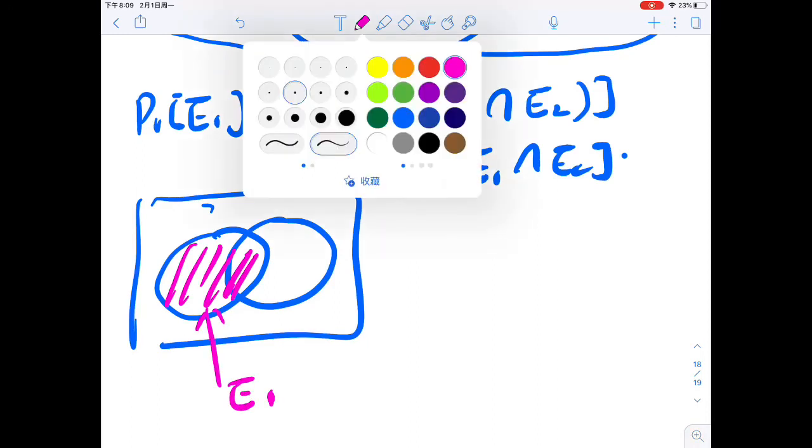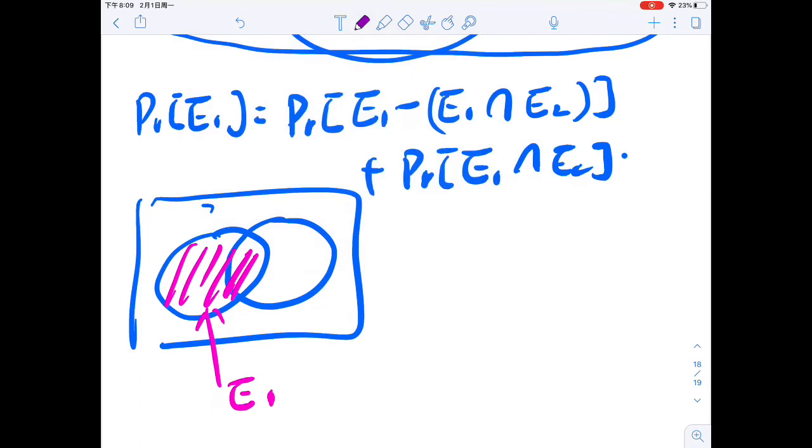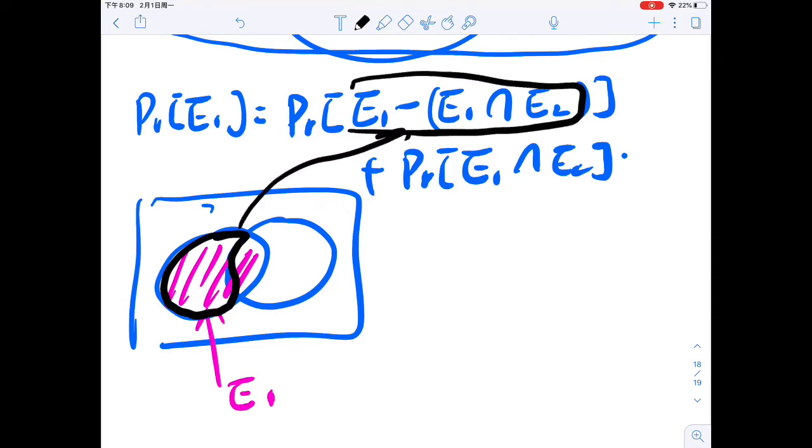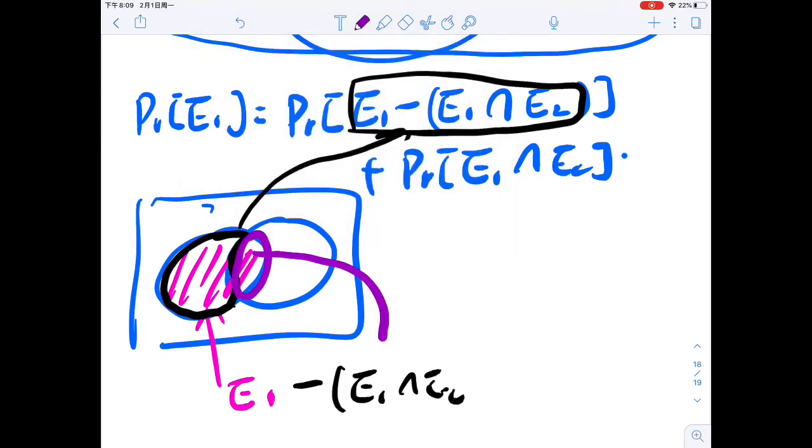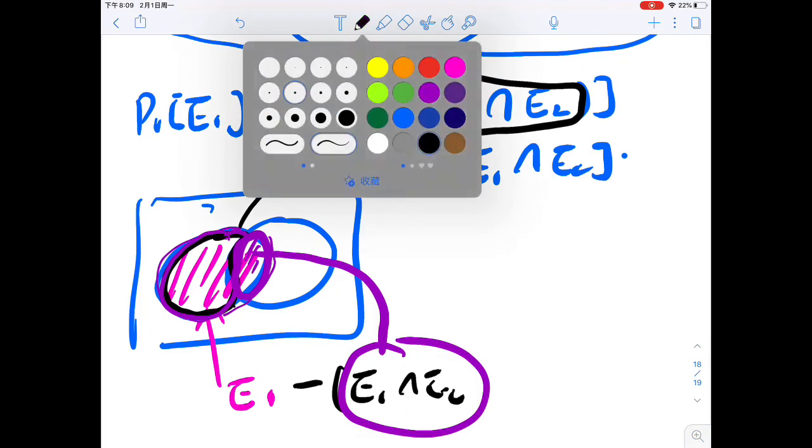Now I can decompose E1 into two components. The first component is this little part, corresponding to the formula E1 minus E1 intersect E2. E1 intersect E2 is the part over here. If I use the whole E1 minus this part, I get this black part out.